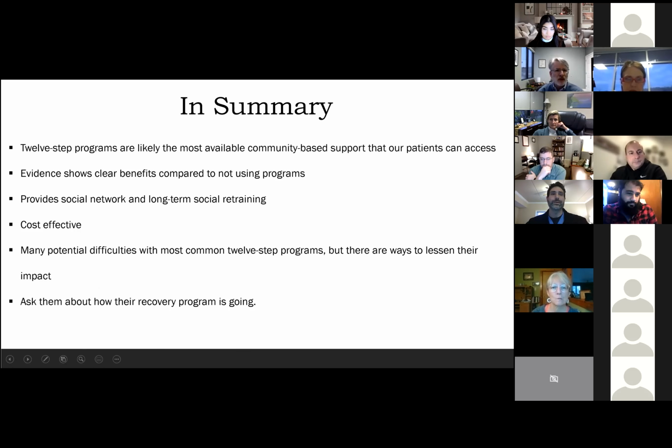So in summary, 12-step programs are the ones most likely to be available as far as community support or mutual support groups in patients' communities. So these are the ones that our patients are going to have the most access to. There are plenty of other mutual support groups out there.